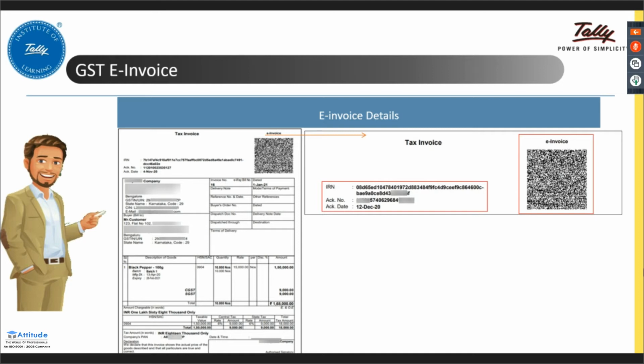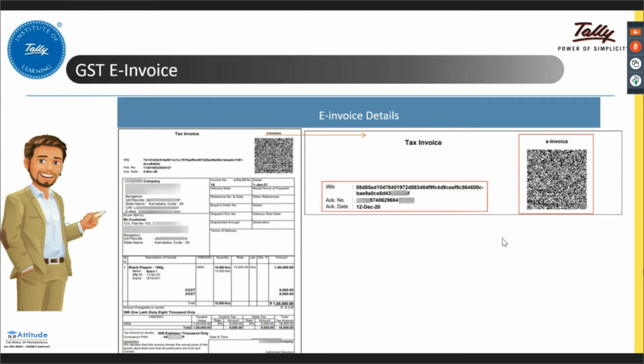Then we have an acknowledgement number, and then an acknowledgement date, followed by the QR code. You can observe the e-invoice QR code is captured automatically in the invoice, and the invoice format I have captured in this slide is the tax invoice generated from TallyPrime.